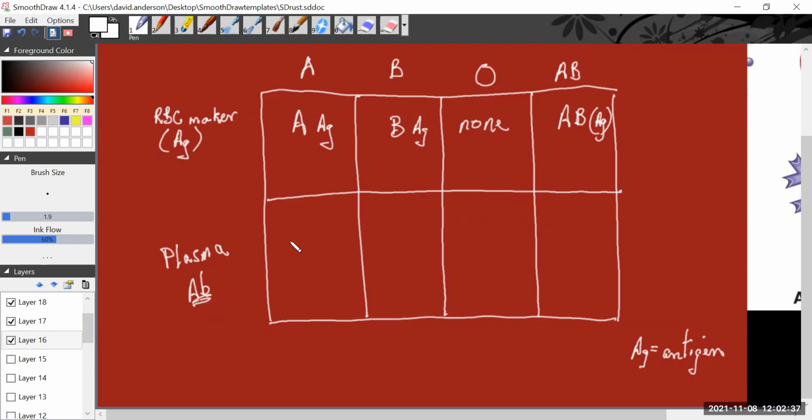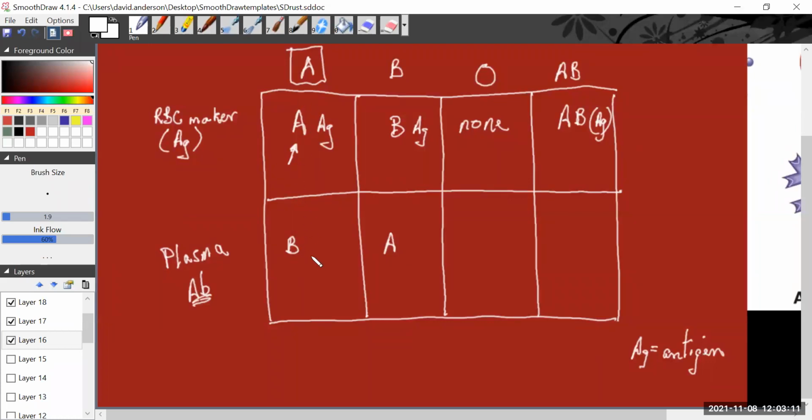So we've got antibodies. Somebody with type A blood has automatically got antibodies for B. And somebody with type B blood automatically has antibodies for type A. This is very unusual, but it's very significant because we recognize right away then that if we were to give somebody with type A blood B donor blood, we would get a reaction.